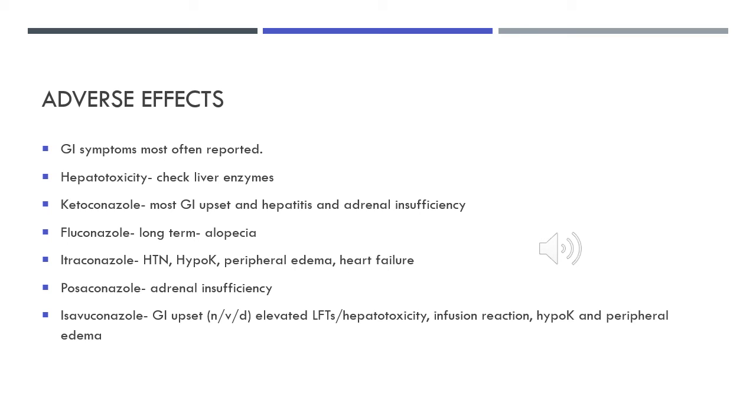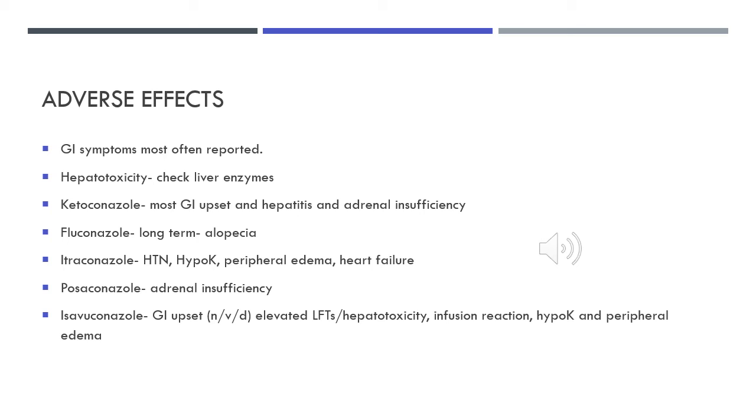So I would always recommend with all of the azoles that you check liver enzymes, or at least your patient's baseline liver function. Going through one by one, ketoconazole causes the most GI upset of all of the medications listed, as well as hepatitis, and it can cause adrenal insufficiency. Again, it's one of the older ones, so it has more side effects related to the GI system.